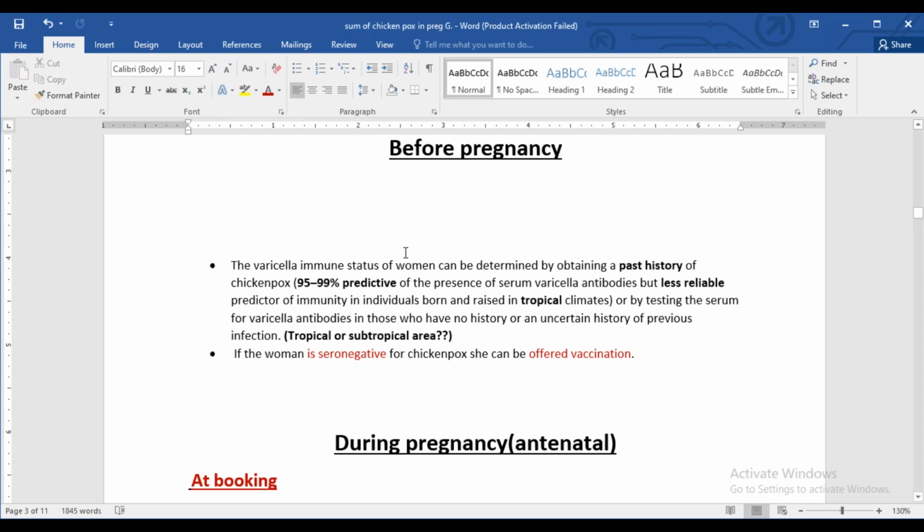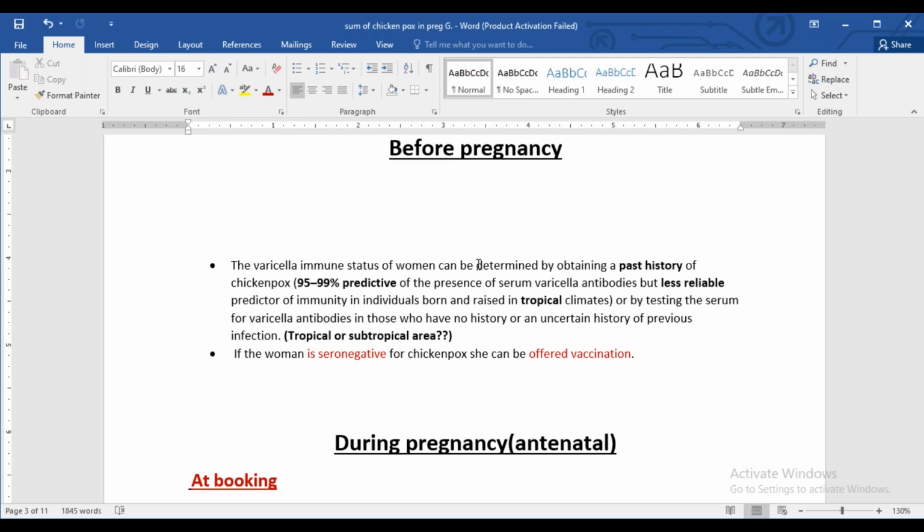What are you going to do for her? If you are talking with this patient and she's concerned about this infection, or you are just taking history for pre-pregnancy counseling, if she has a solid past history of chickenpox, this is a very good predictor that she has serum varicella antibody and she's immune.